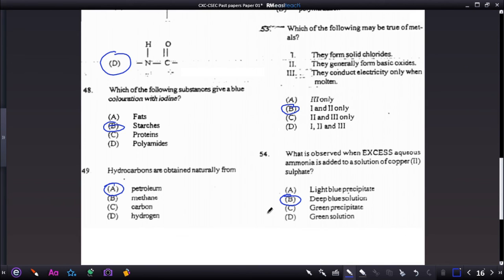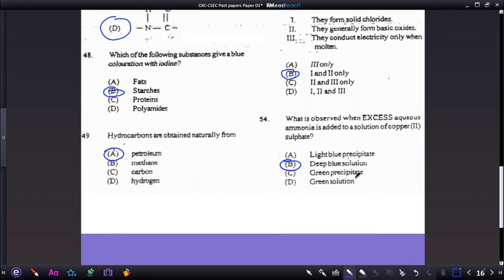Sodium hydroxide would form the precipitate, but with ammonia it would be a dark blue solution of the copper ammonium complex, right?